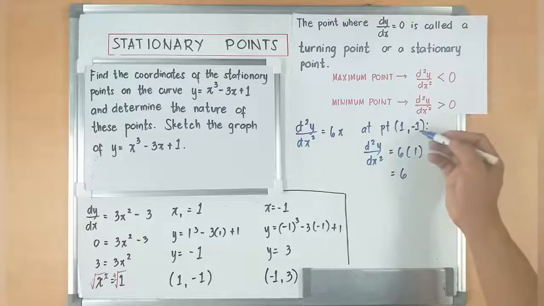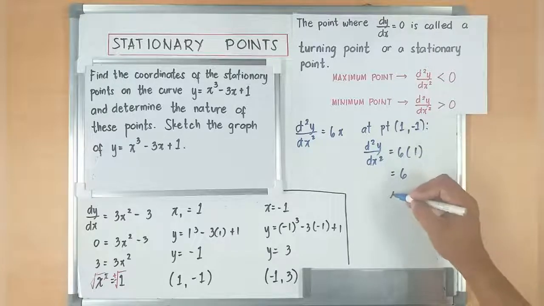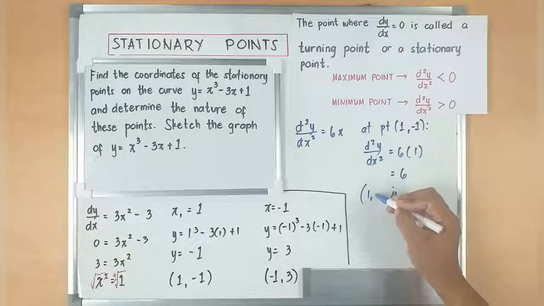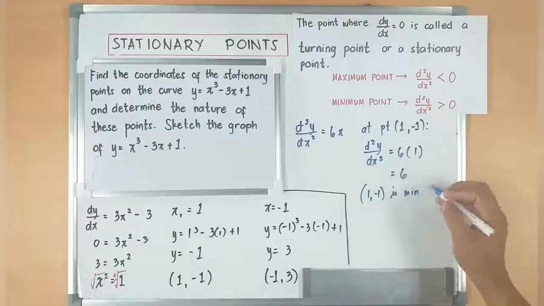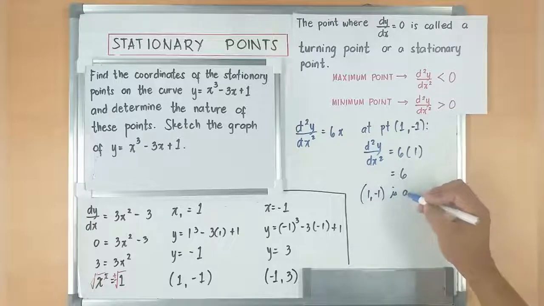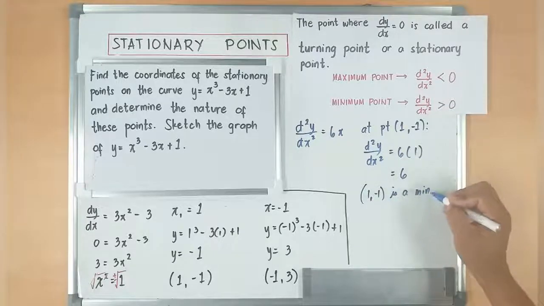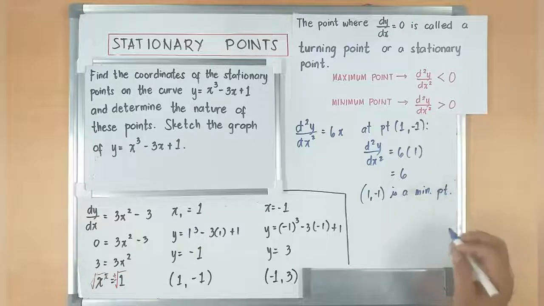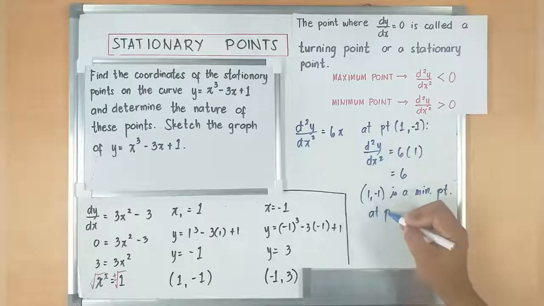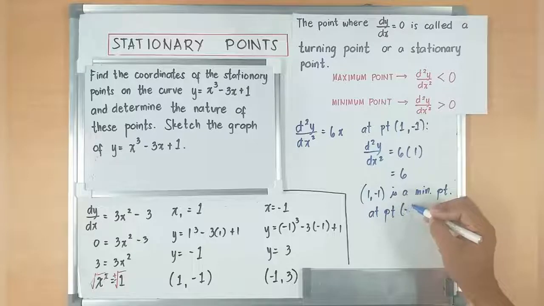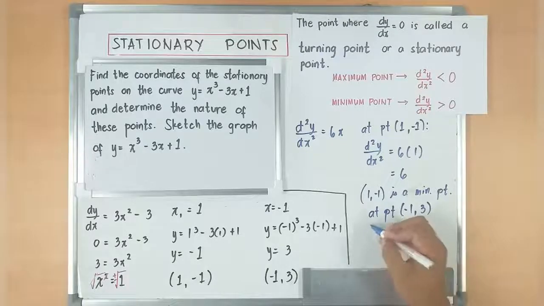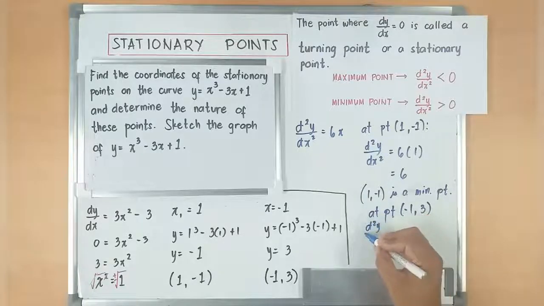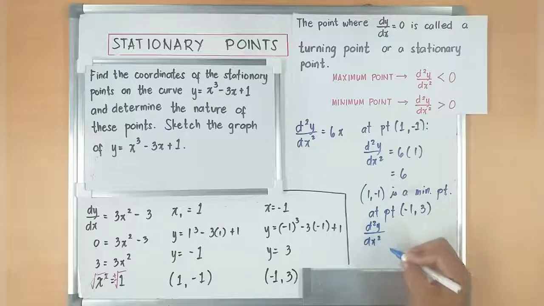Therefore, point 1, negative 1 is a minimum point. Okay, it's a minimum point. Next, at point negative 1, 3, I'll have now d squared y over dx squared.